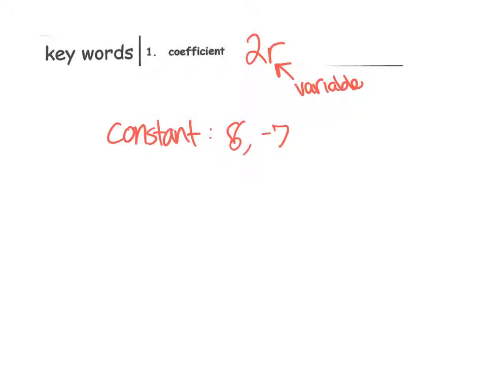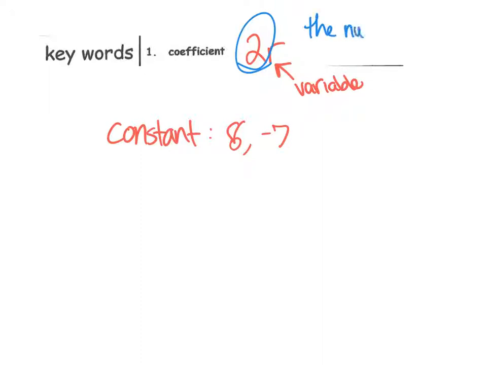No, coefficient wouldn't be 2 plain numbers. Just looking at what I have there in red with my arrow, I've got the variable as r. What might the coefficient be? The number that's attached. Perfect. So that would be the 2. Next to the word coefficient, write 2r and then circle the 2.